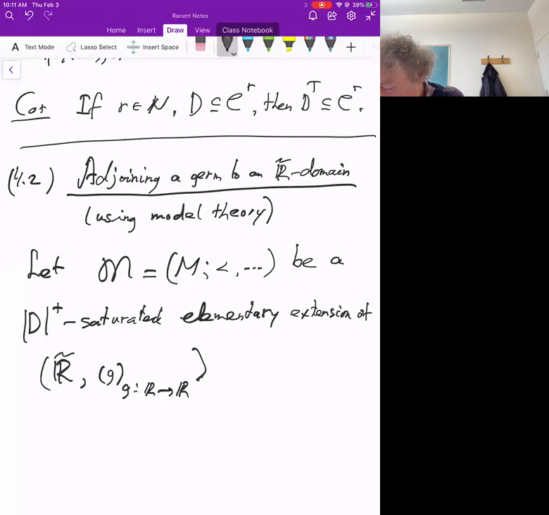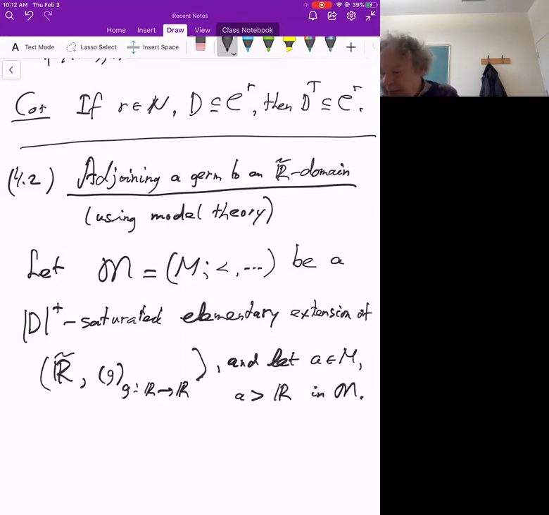So here the g's are not actual germs, they are totally defined functions from R to R. But of course, all germs are represented by such functions. And let a be some element of M which is bigger than all the reals.